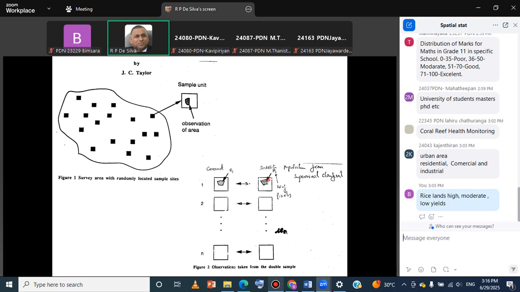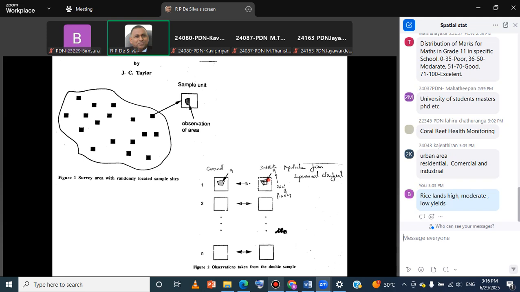Now, that is where we use supplementary data for direct expansion. Supplementary data comes from, say, satellite data or drone data. You get an image.